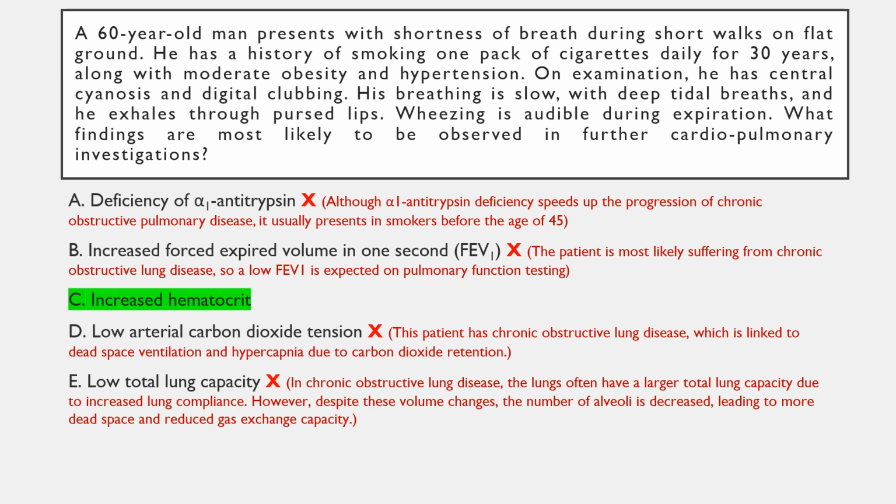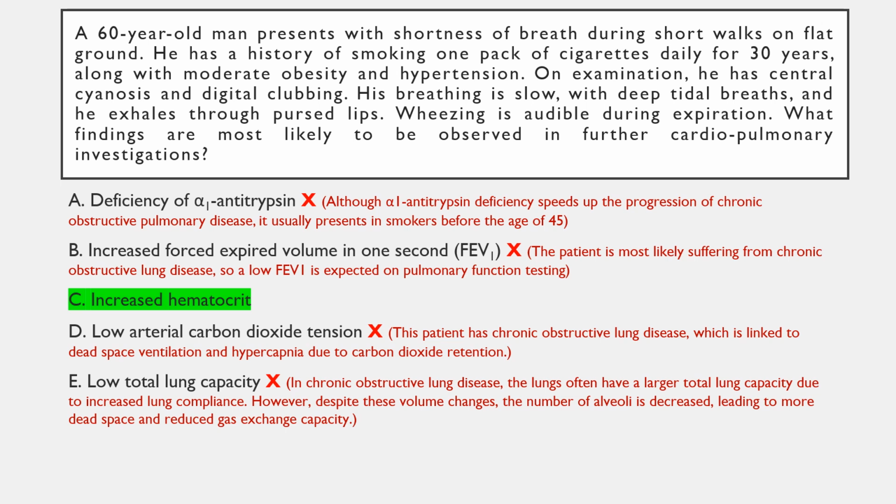Option A is incorrect because while alpha-1 antitrypsin deficiency accelerates the progression of COPD, it typically manifests in smokers before 45 years of age.